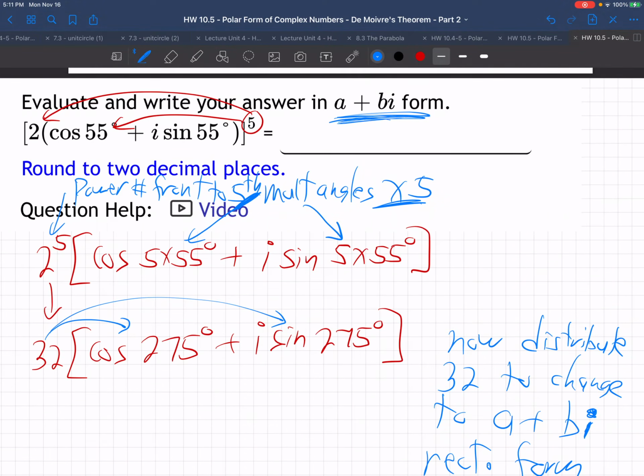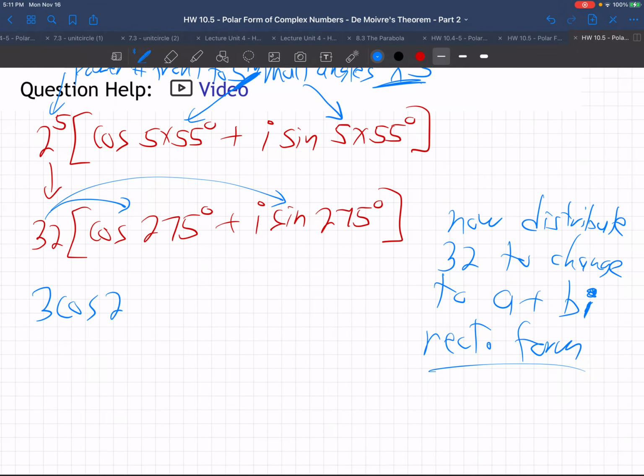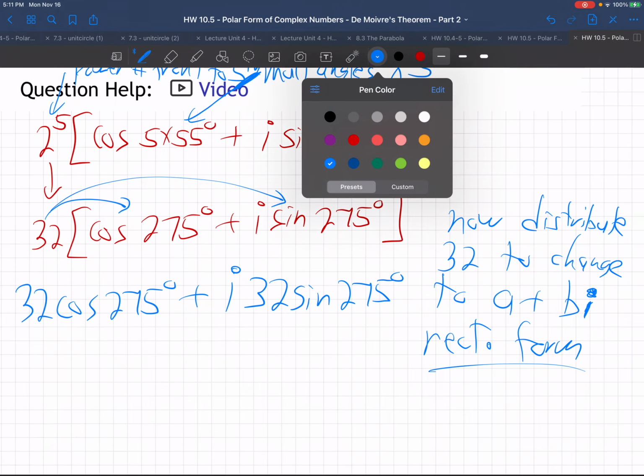They want rectangular form. So distribute that, and what do you get? 32 cosine 275 plus i times 32 sine of 275.